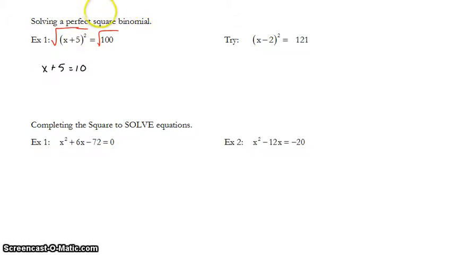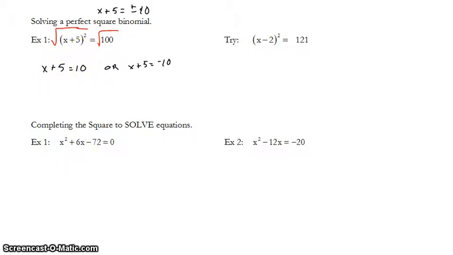So what you might sometimes see is people write this as x plus 5 equals plus or minus 10. I'm not going to write it that way because that's really hard to solve. People don't understand what that means. What that means is that x plus 5 could be 10, or x plus 5 could be negative 10. These are situations when we actually have two different equations to solve.